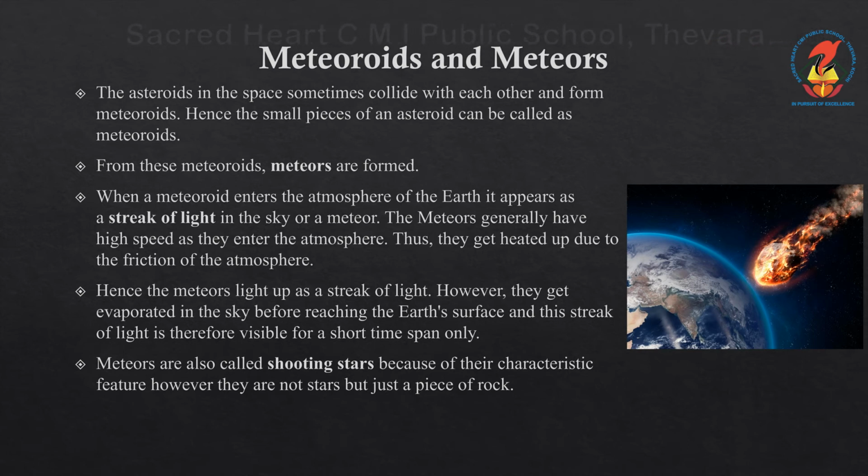However, if they do not get evaporated in the sky before reaching the Earth's surface, the streak of light is visible only for a short time. Meteors are also known as shooting stars because of their characteristic feature. They are not stars but just pieces of rock.